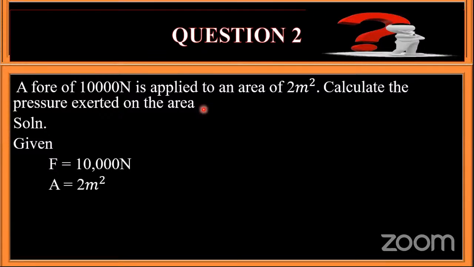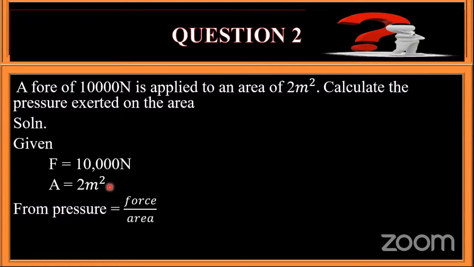So we say pressure equals force divided by the area. Remember, our force is 10,000, which is already in newtons, so there's no need of converting. And our area is 2 meters squared, which is already in meters squared.